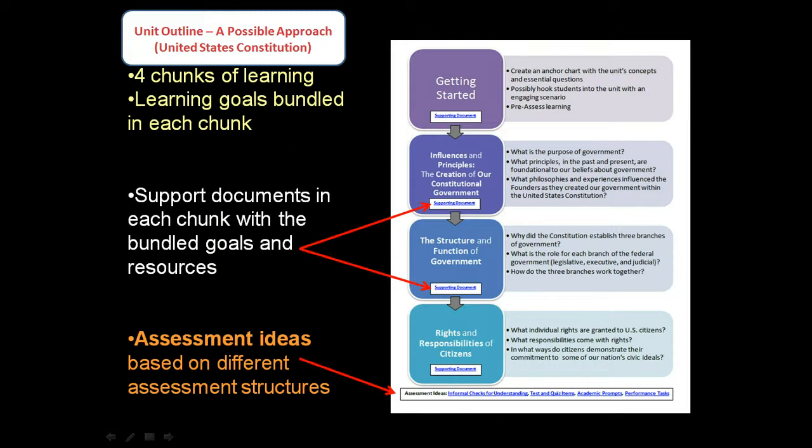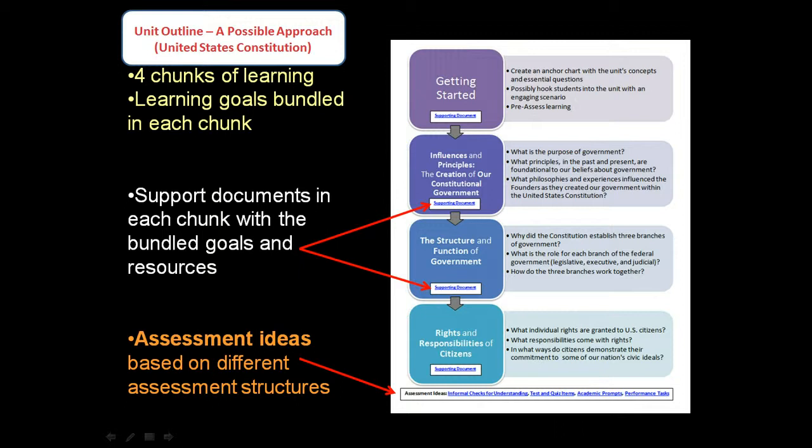To support teachers in figuring out how to approach this unit, a document has been created with the title Unit Outline, A Possible Approach. This document lives among the Stage 3 supports. The outline bundles together different Stage 1 learning goals to offer a possible approach for how teaching and learning might flow throughout the course of the unit. These bundles create 4 different chunks of learning.